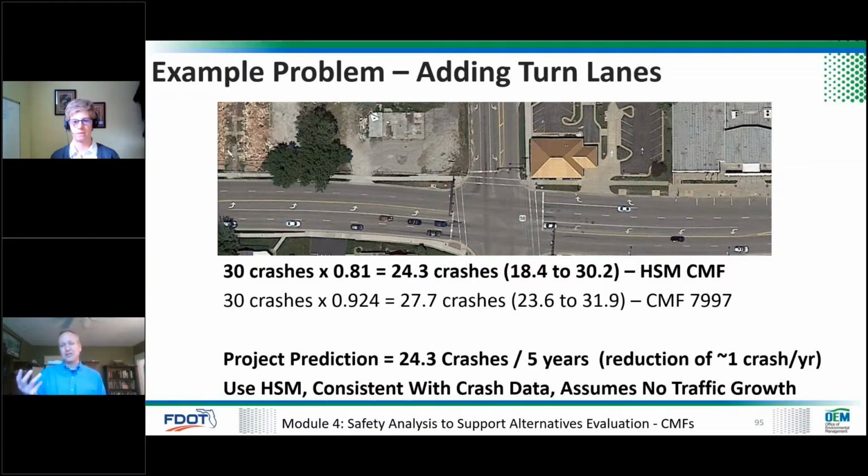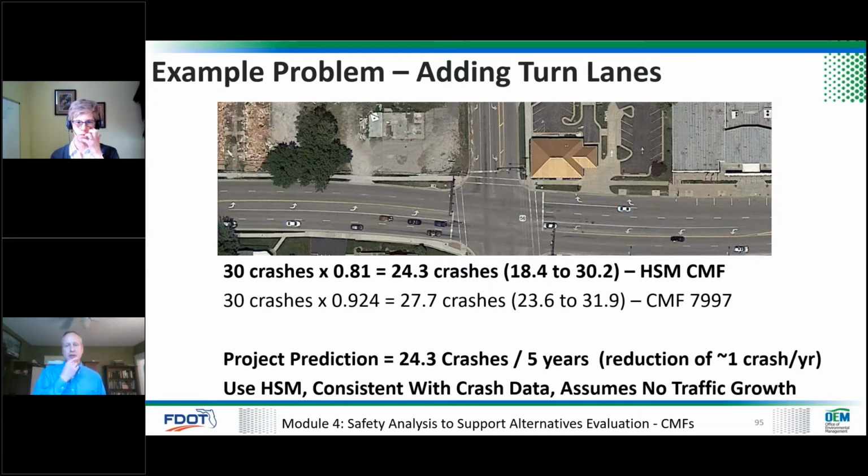For the crashes, if I use the equation with standard error, the 95th percentile confidence interval, I could end up with somewhere between 18 and 30 if I use the HSM CMF, the one from the manual, from the yellow book. And then if I use the clearinghouse one, I'm in the 24 to 32 range.